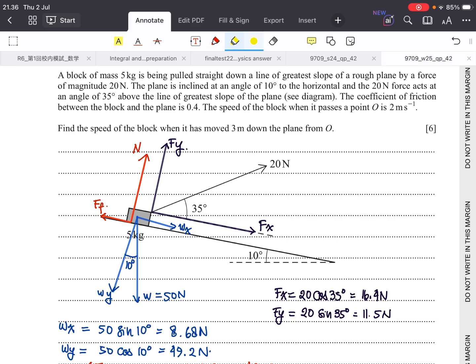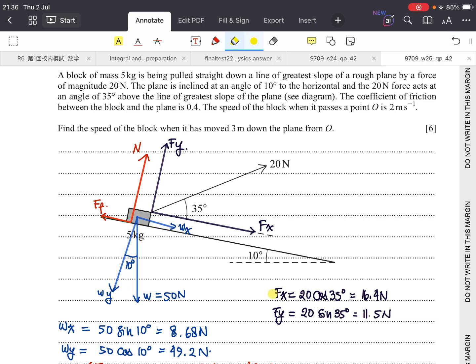And then we also have normal force and friction force. And then we can split the 20 newton force into x component parallel to the plane and also y component perpendicular to the plane. We do the same thing with the weight. The weight we can split into Wx and Wy.